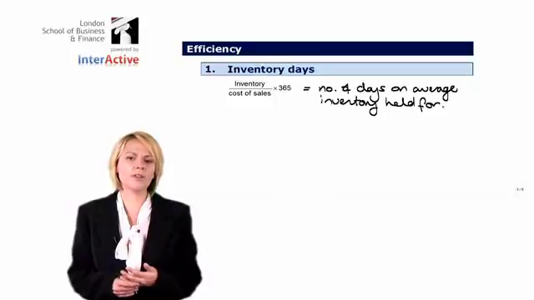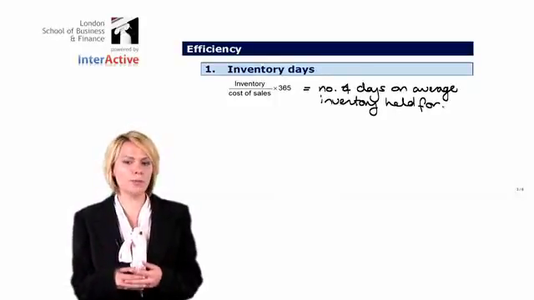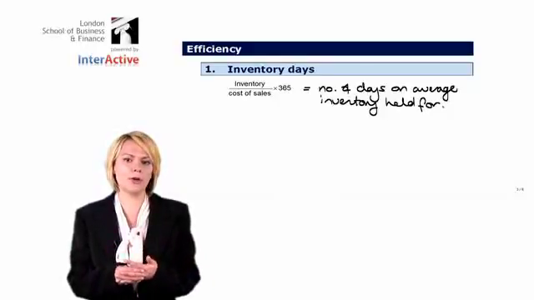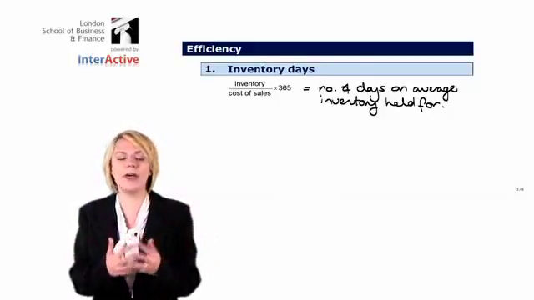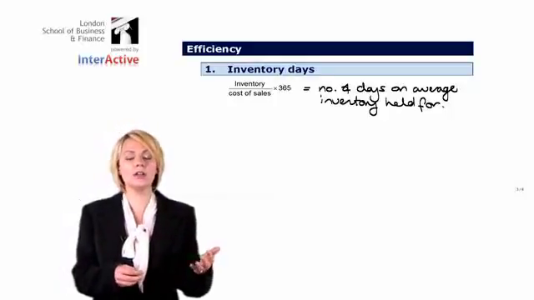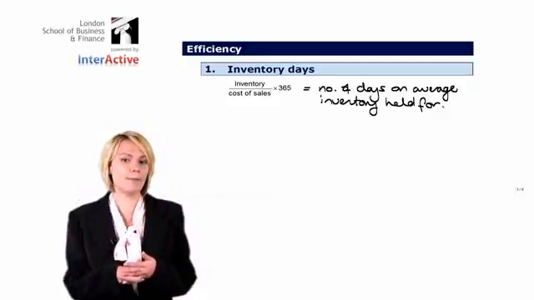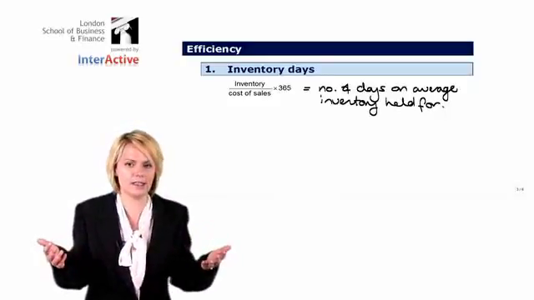Okay. Now, of course, if it's, let's say, a supermarket, inventory days would only be 3 or 4 days at the maximum because they sell perishable goods. But if we go back to a house builder, their inventory days might be 365 days, 400 days, yeah?